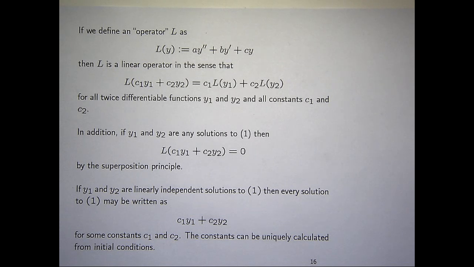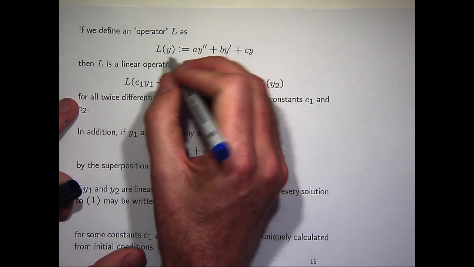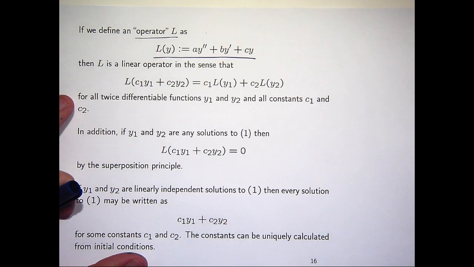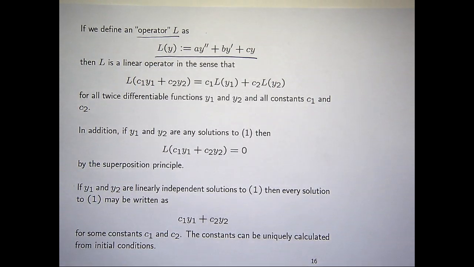In particular, if we use the following compact notation, think of this L as some sort of operator that operates on functions. This L basically takes y, multiplies the function y by c, differentiates the function and multiplies it by b, and differentiates the function again and multiplies by a, and adds everything together.